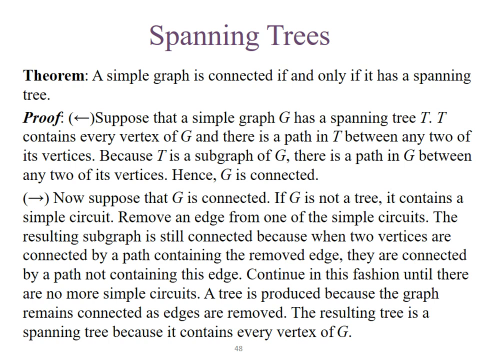Once you remove one edge, you just break one path. It's still connected. Alright? And then we can discover the next circuit and remove an edge until we cannot discover any simple circuits. Then we will have a simple connected graph, which is a tree. Alright? So the proof is very easy.